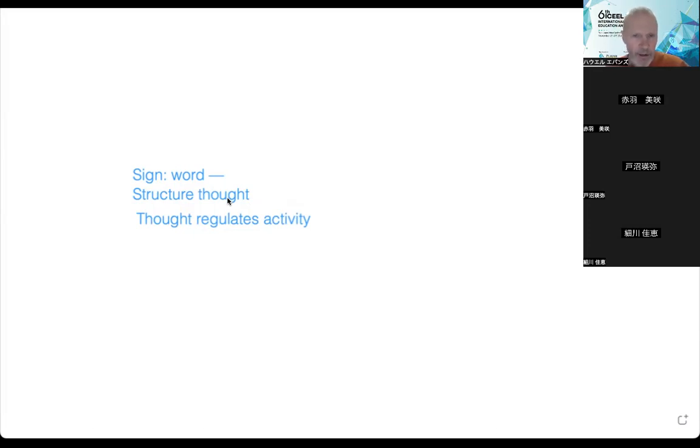This kind of allows you to control the activity. So you could say, for example, the word makes you think, and the thought allows you to act. Something like that. So it's a three-part process in a sense. How about that? Does it make sense?